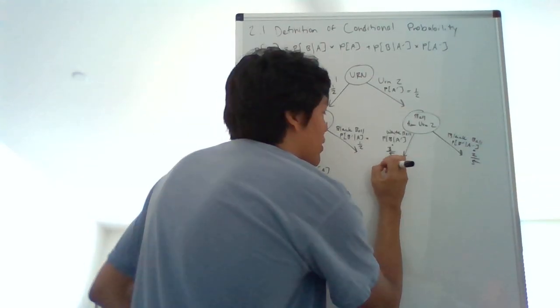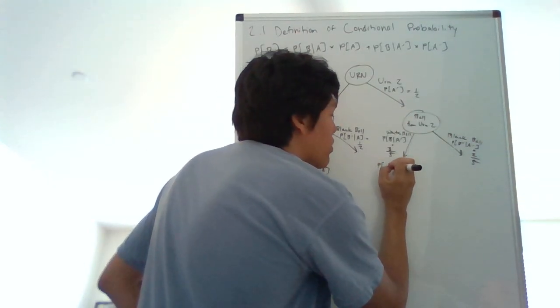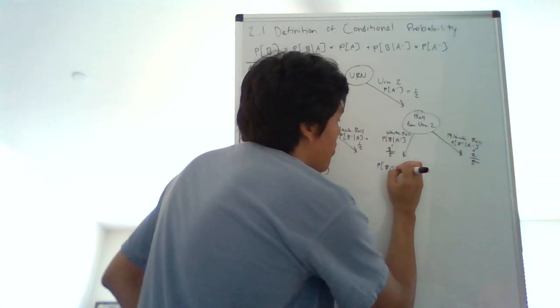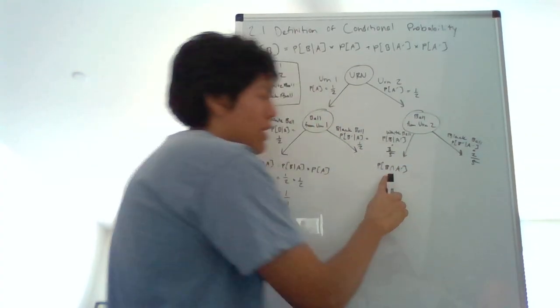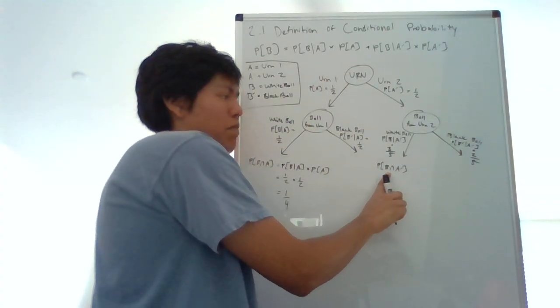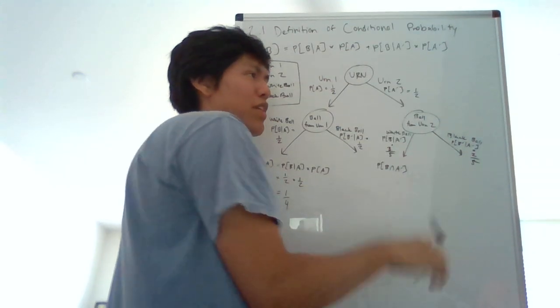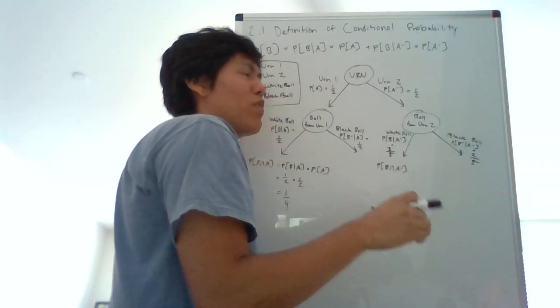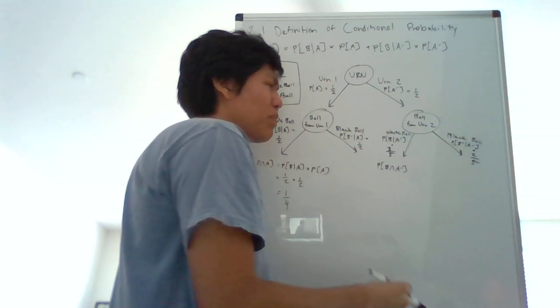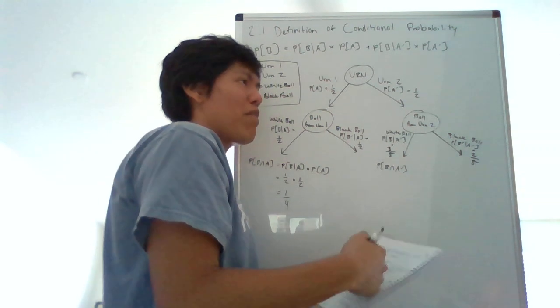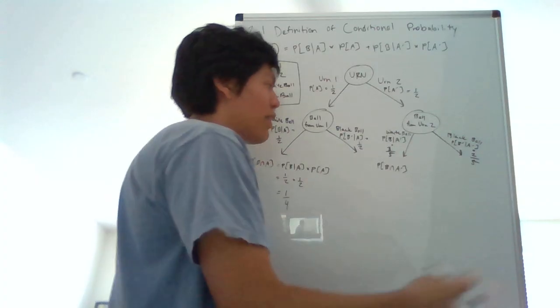So the probability that we chose urn 2 and picked up a white ball is B intersect A complement, because we're interested in the scenarios where we pick up a white ball. It doesn't matter which urn it comes from, but the question is asking us the probability of us choosing a white ball at the end.